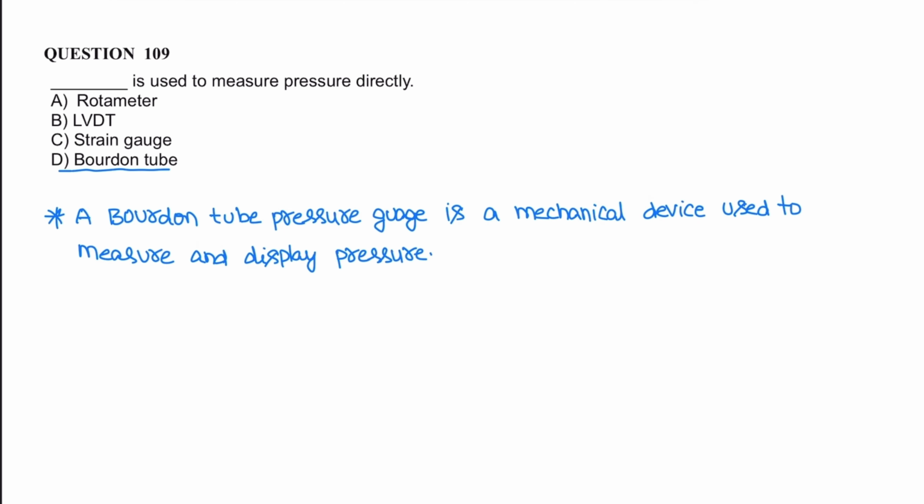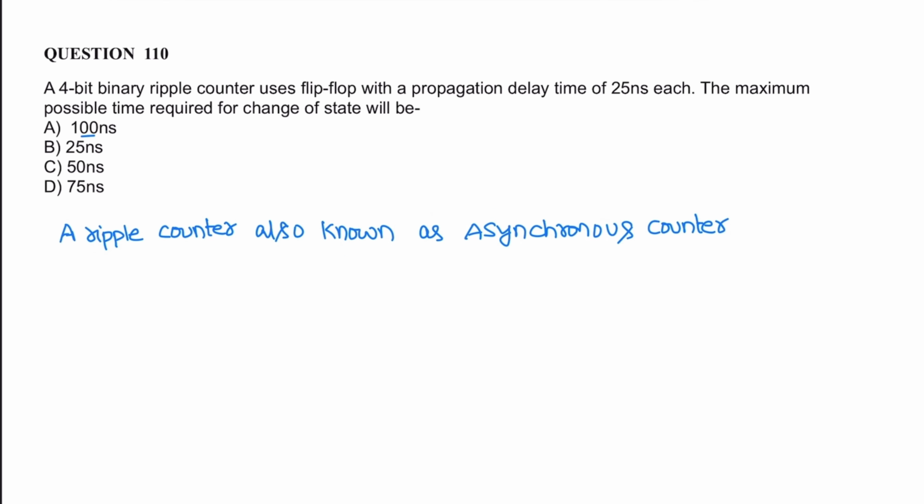Next question. A 4-bit binary ripple counter uses flip-flops with a propagation delay of 25 nanoseconds. The given counter is a ripple counter, also known as an asynchronous counter, and the propagation delay of each flip-flop is 25 nanoseconds. The maximum possible time required for the change of state is the number of flip-flops times the propagation delay.